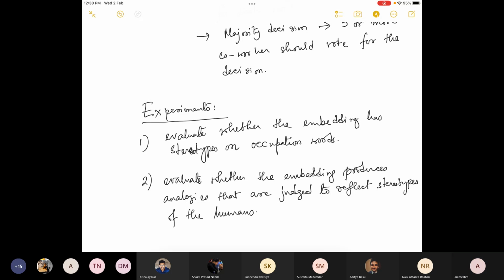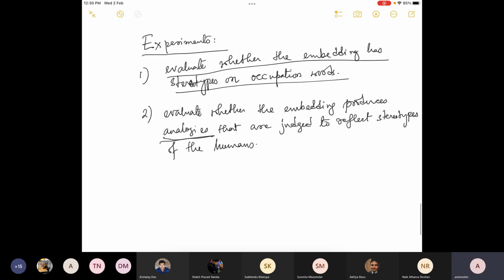So the first one was to evaluate whether the embedding has stereotypes on occupation words, and the second one was specifically geared to study analogies. Okay, so let's see one by one.